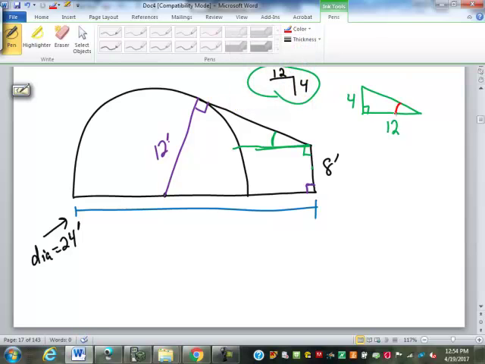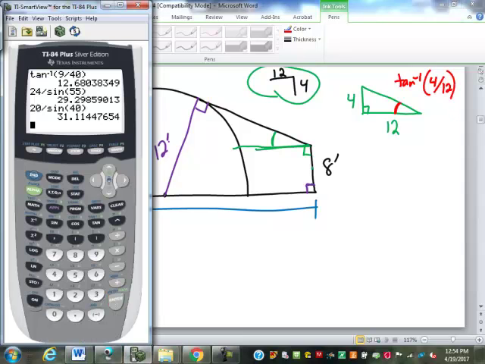So this angle here is going to be an inverse tangent of what? What's the opposite side? 4, and the adjacent side is 12. So inverse tangent of 4 divided by 12 should be 18.43 degrees.